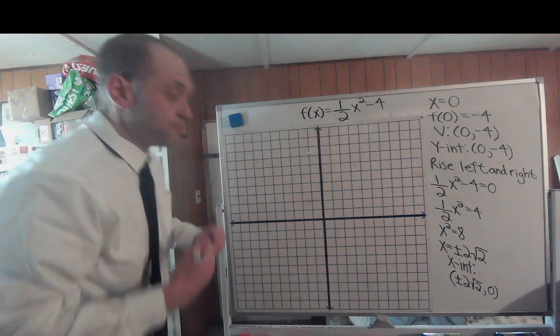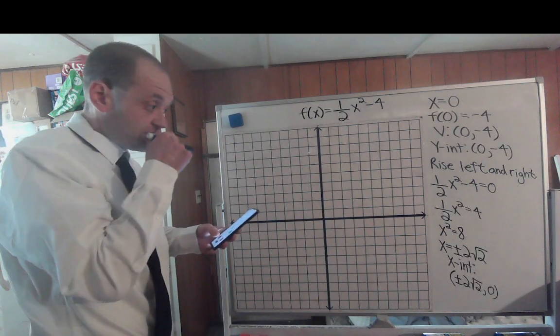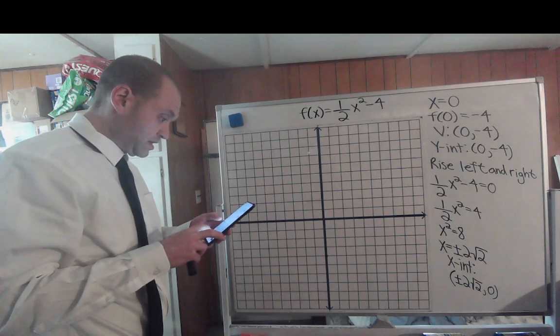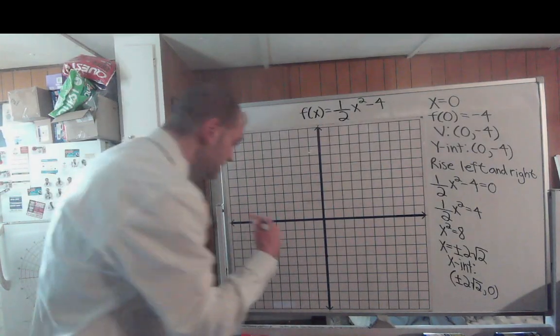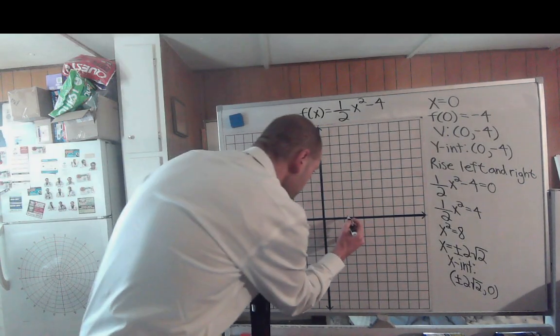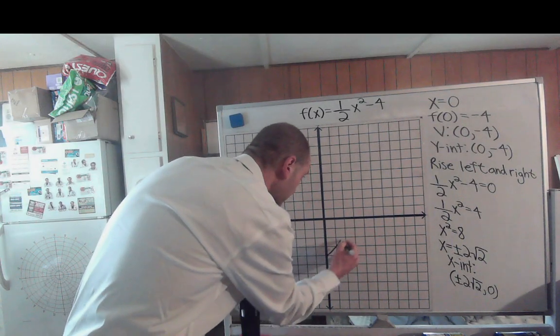So let's go ahead and plot our x-intercepts. Let's figure out what 2 times the square root of 2 is. That's about 2.83. So negative 2.83 right about there, positive 2.83 right about here, and now let's go ahead and plot these.